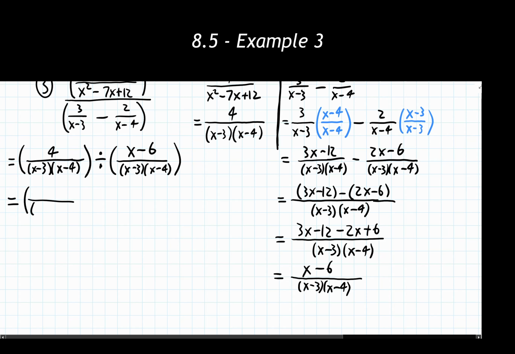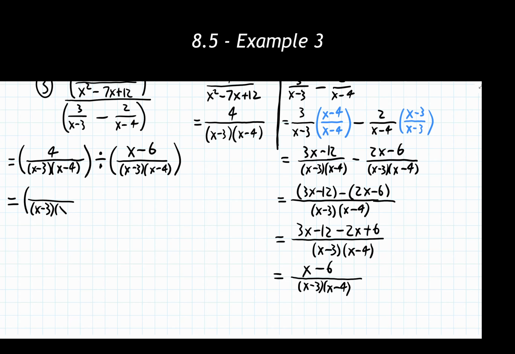So that division problem is going to be rewritten into a multiplication problem. So I'm going to have the first rational expression times, and I'm flipping the second one, just like we did with our previous examples. And now I'd look to see, okay, can I factor and cancel anything else out? Both of these have an x minus 3, so those become 1s.